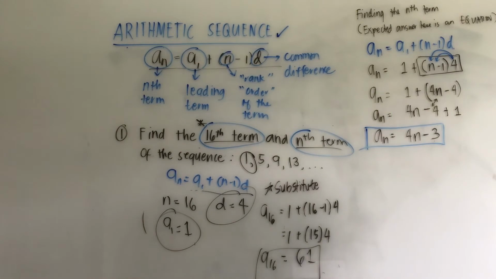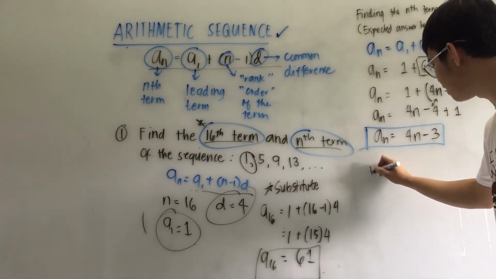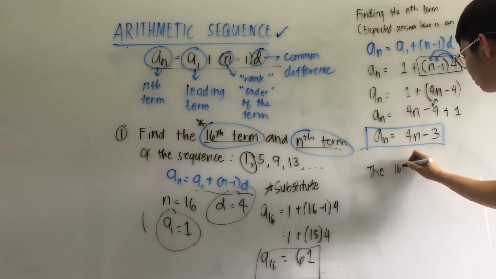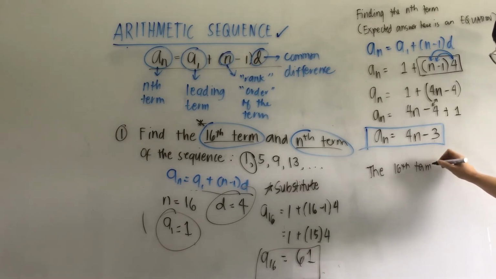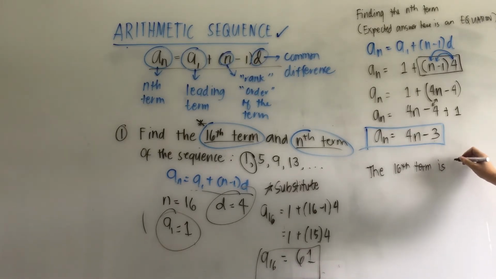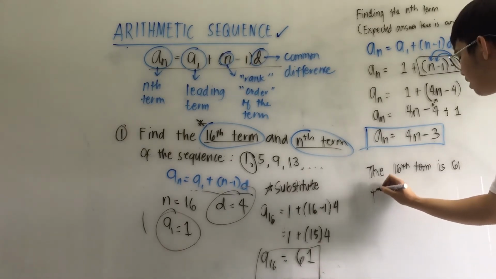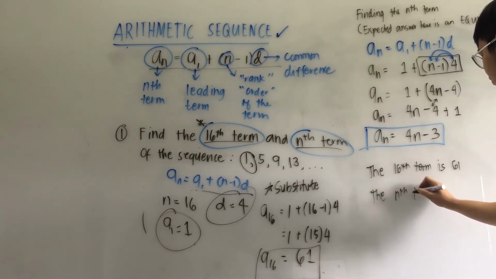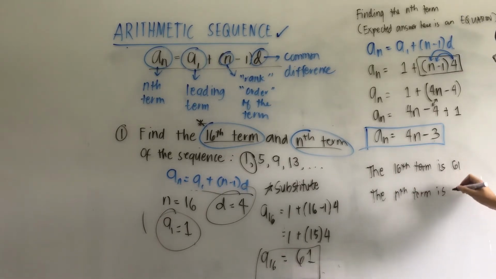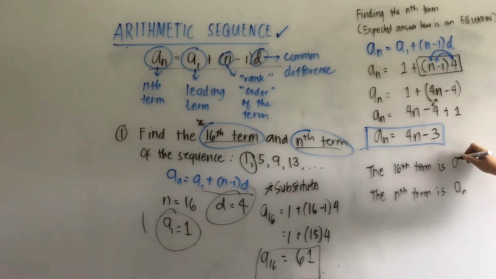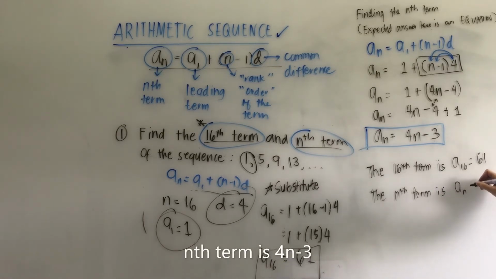Okay? So again, therefore the 16th term is 61. The nth term is a sub n. Sorry, this should be a sub 16 equals 61, and then this becomes a sub n equals 4n minus 3.